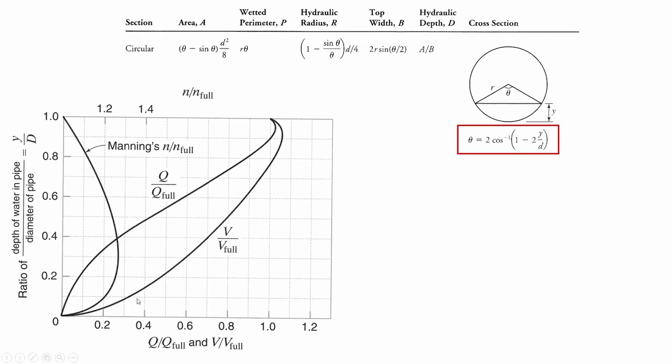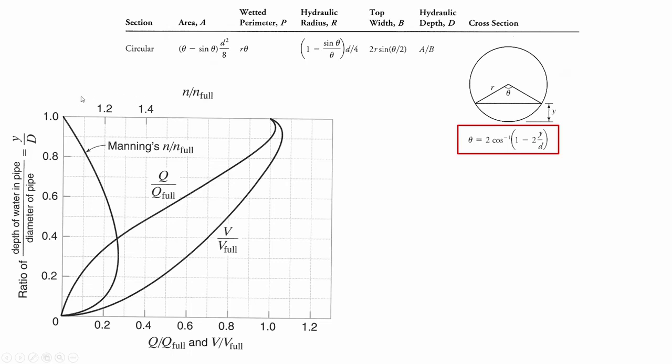So there's a similar expression of the velocity of flow compared to the velocity when the pipe is full, and that's related to how much of the flow area is away from one of these frictional surfaces to give you the average velocity. All right, and then the ratio of the Manning's n to the n value when it's full.